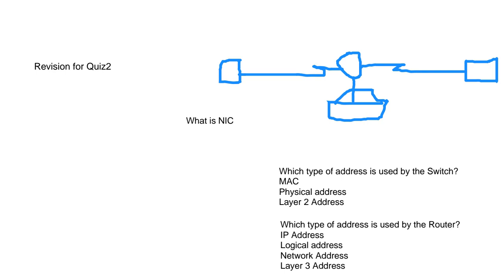Each router arm or interface is a broadcast domain. How many different LANs? 3. Each one of them is a connection. All right, very good.